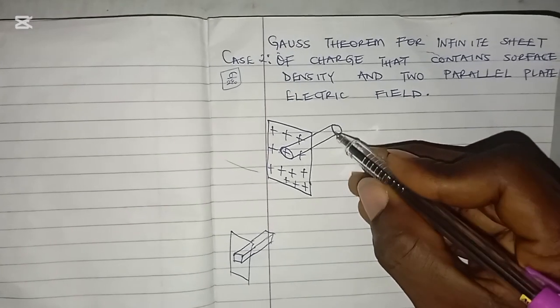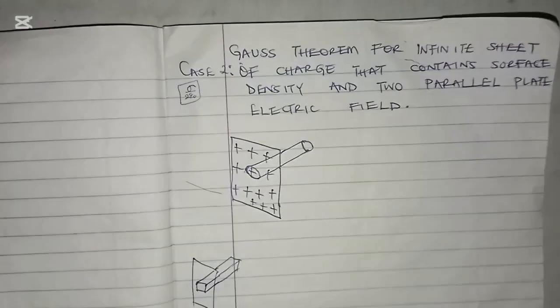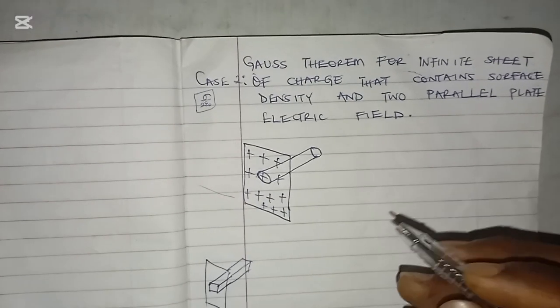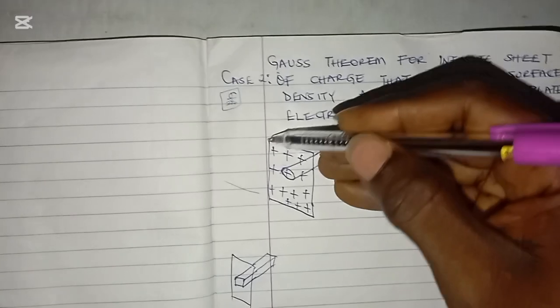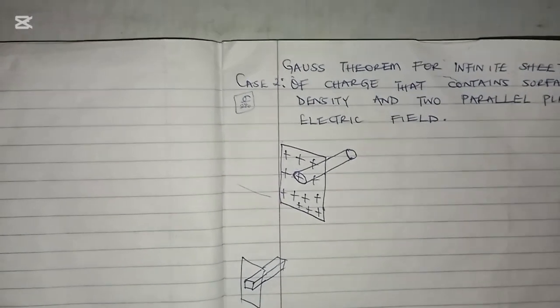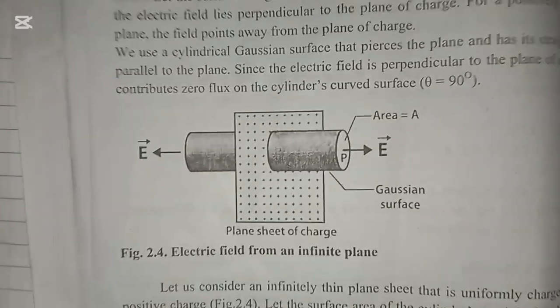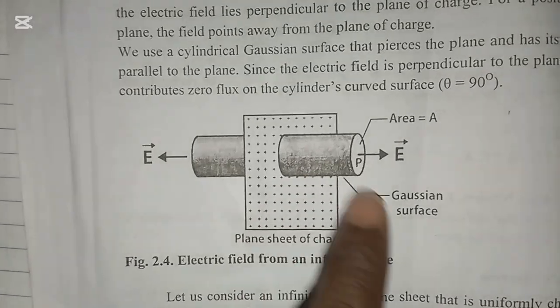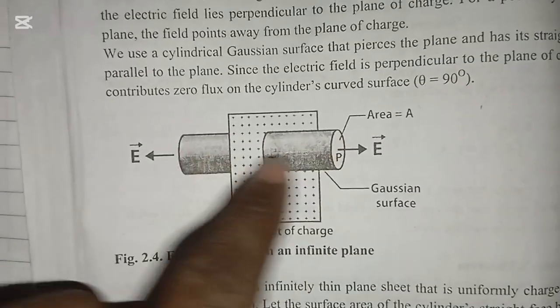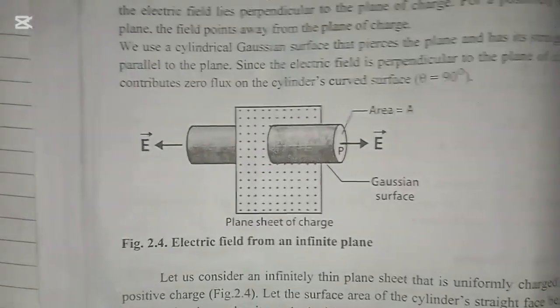So remember they say two parallel plates. Let's say this is my enclosure. Now remember our focus is on this. But let's say I have a parallel plate running through it. It's the same thing you have here in the textbook. So we are using this as our Gaussian surface.